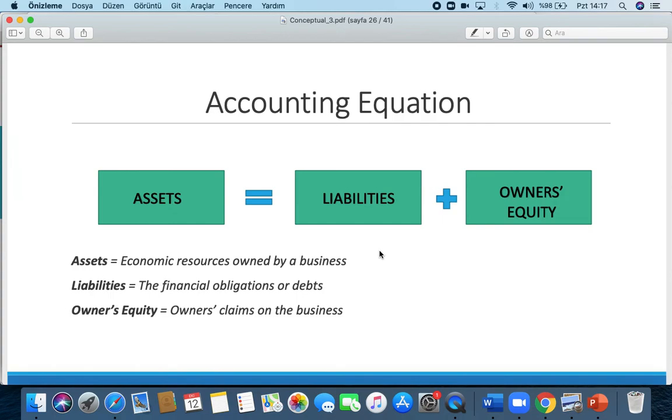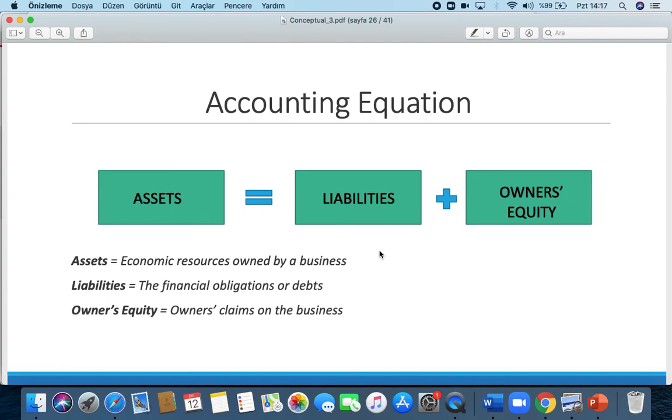Okay, the bank has granted a loan of 10,000 Turkish liras, and the company owns it. Look, there is one transaction here. Yes, it's one transaction, but it has two impacts on the accounting equation. Why?